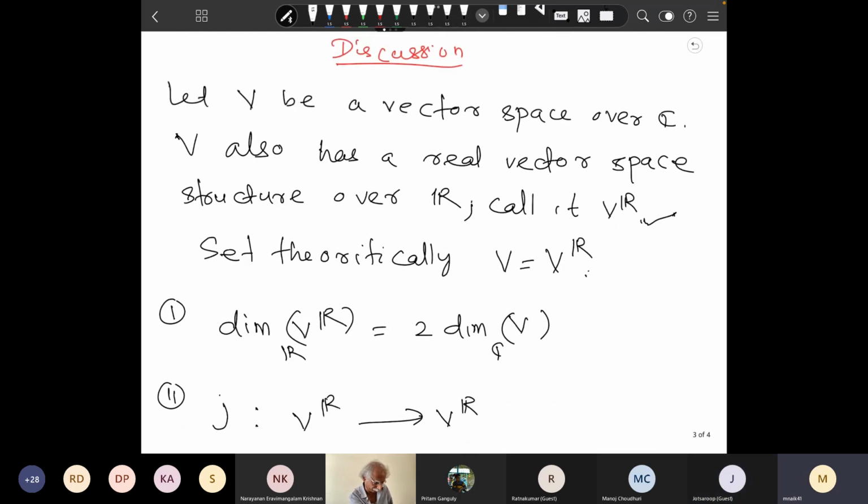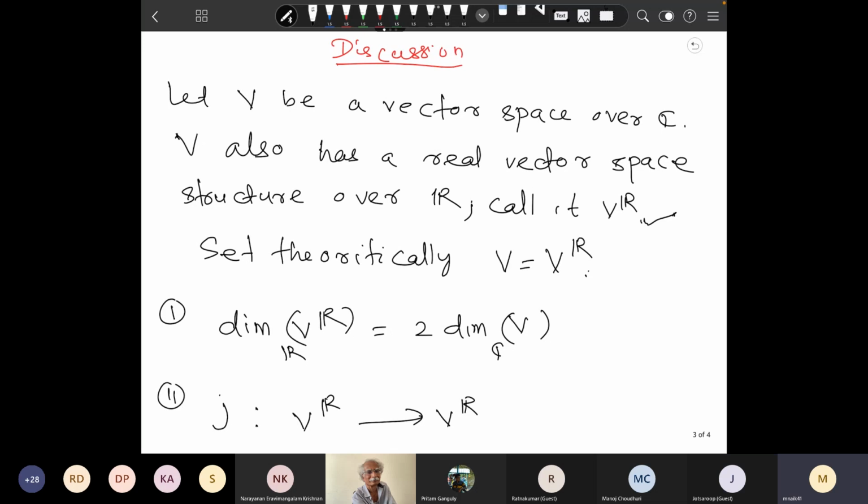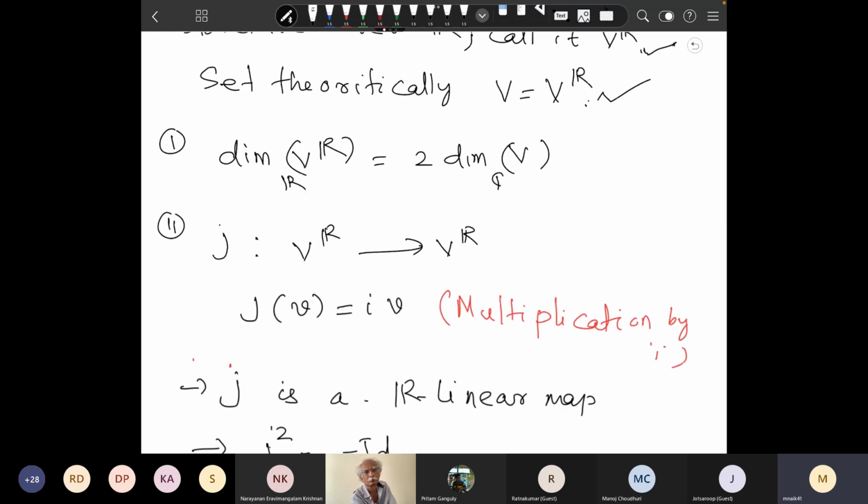Okay, let me say from the beginning. V is a complex vector space over C, right? Do you agree that it is a real vector space? So that space I am denoting by V_R just to differentiate it from the complex vector space structure. Set theoretically V is equal to V_R.